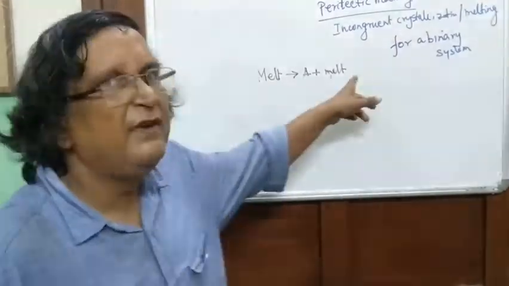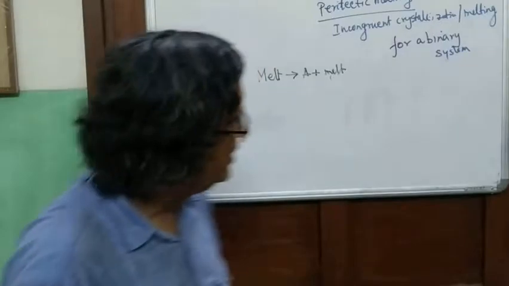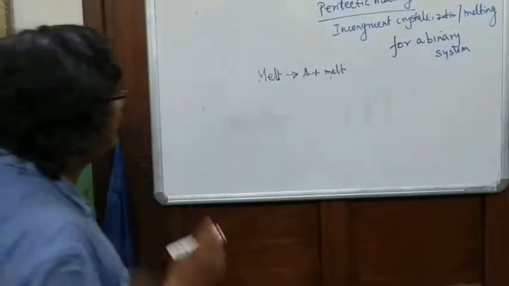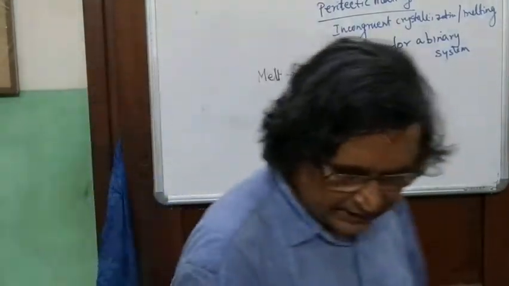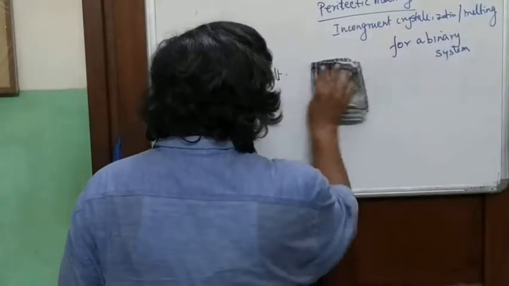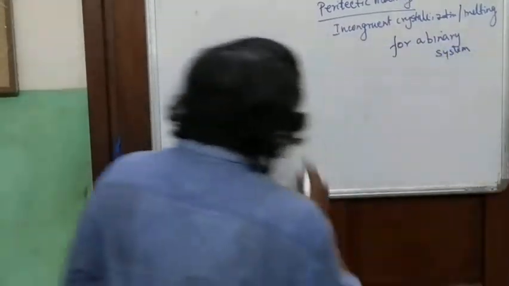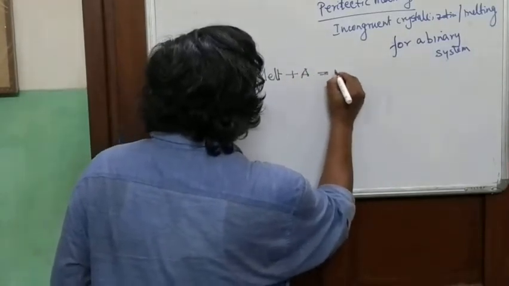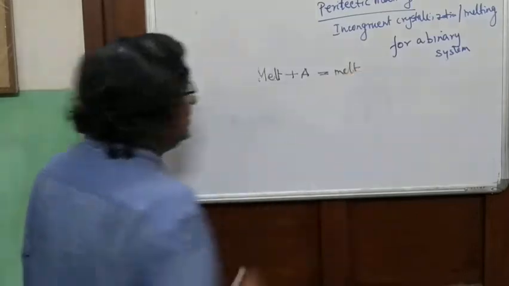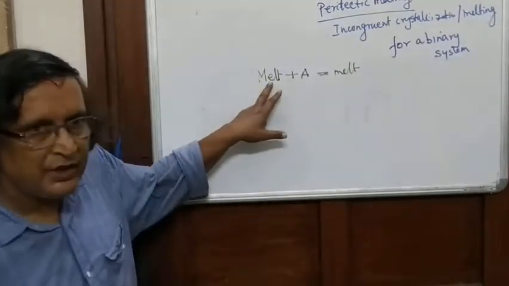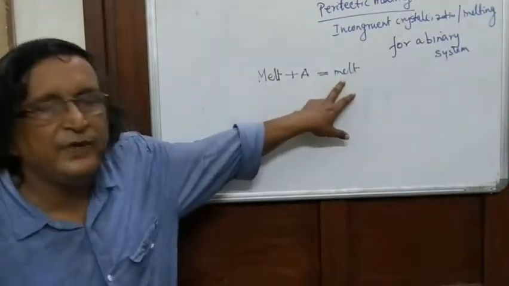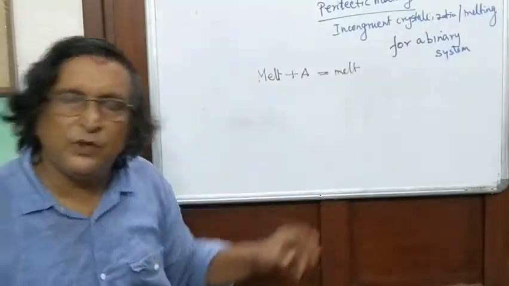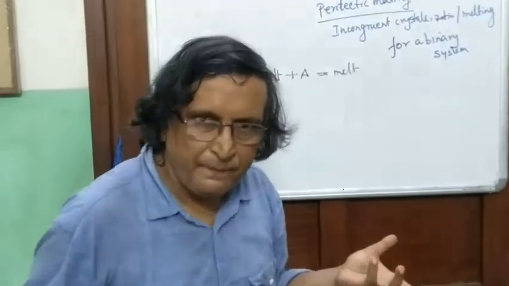But we are talking of melting at the same time. So another way I can put it, melt plus A is equal to a new melt. That means you have a melt, it reacts with the solid and gives you a new melt. That's what is called incongruency.